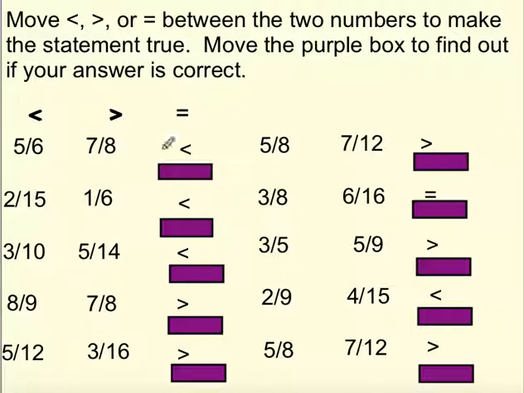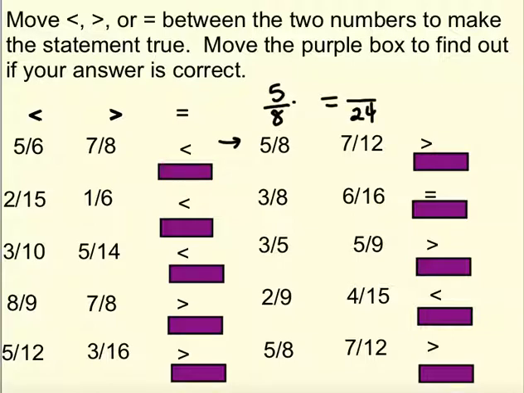Let's just do a couple of these. You can see the answers here, but I want to show you why these work. So let's look at 5/8 and 7/12, this one right here. Well, if we look at that 8 and 12, we know that 24 is a multiple they have in common. So I'm going to get this 5/8 to have a denominator of 24.